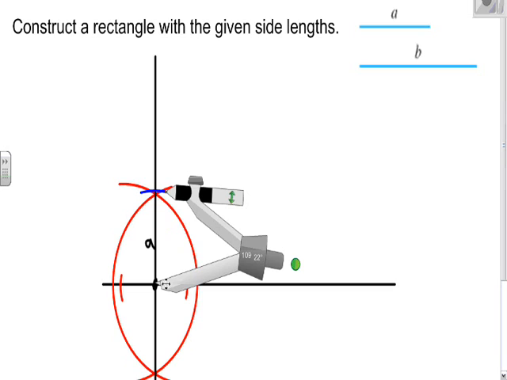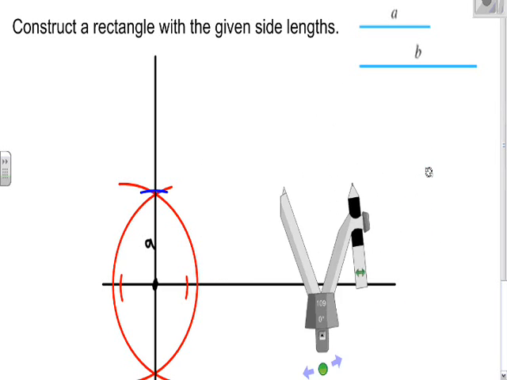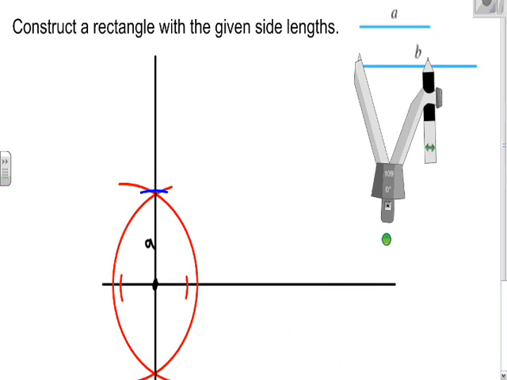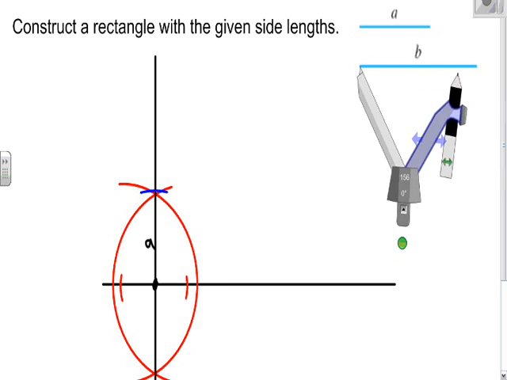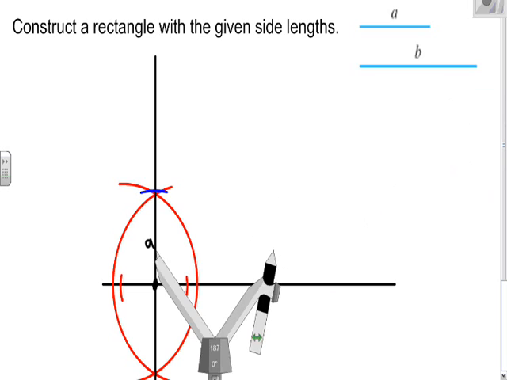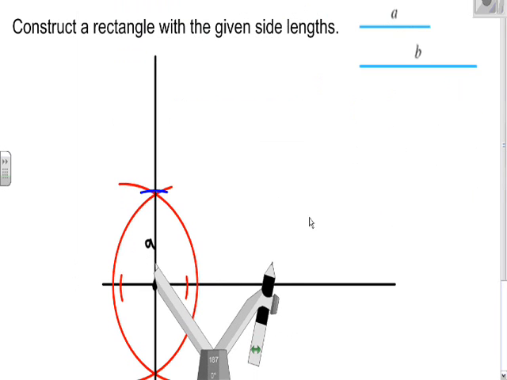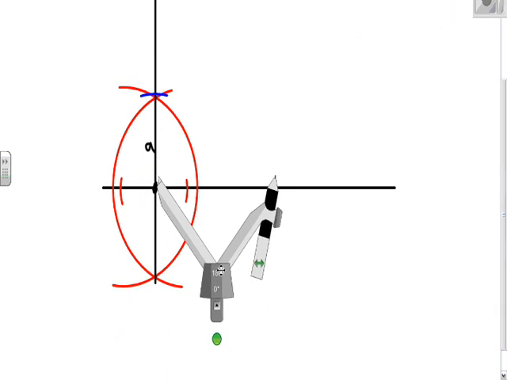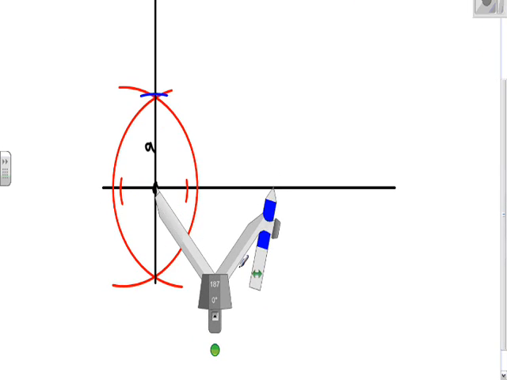So we have length A now from here up to here. We also need the length of B, so let's go ahead and measure B. And then we'll mark that same distance on the first line we had. Now that's a length of B.